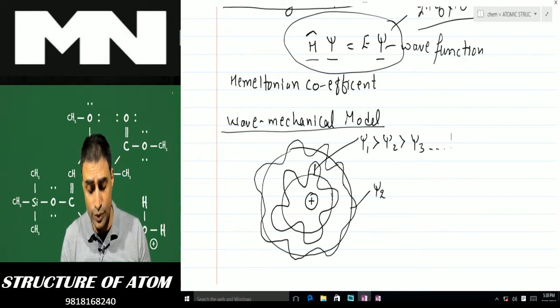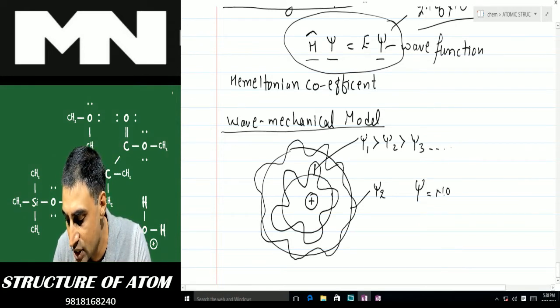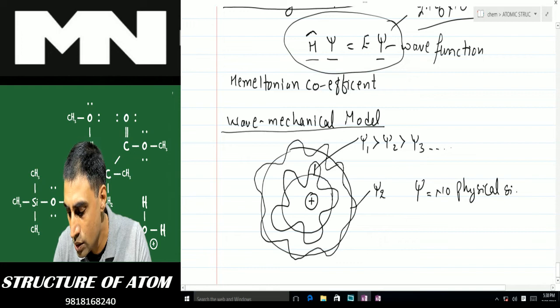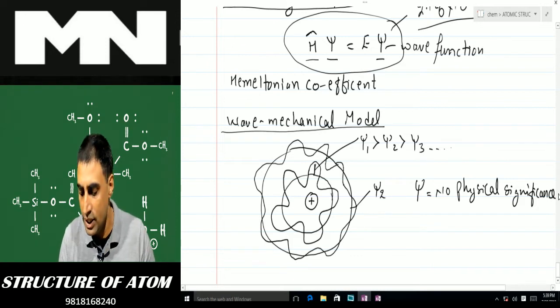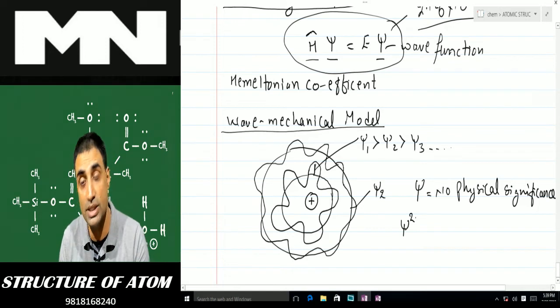Well, in this case, I want to tell you one thing: xi itself does not have any physical significance. There's no physical significance of xi. It is actually xi square which has a physical significance.